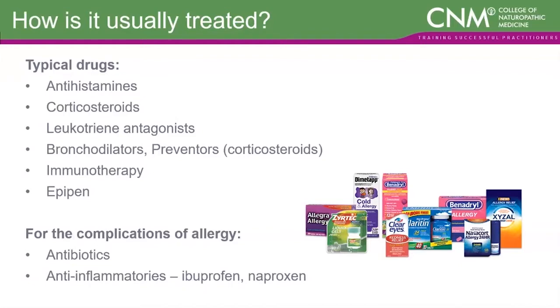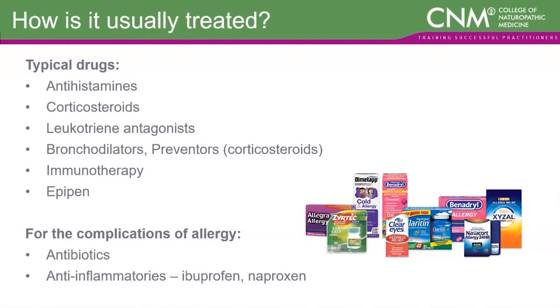And then the last one, EpiPens. EpiPens are adrenaline injections. These are used in cases where patients progress pretty quickly into the anaphylactic type reactions. You often find patients that carry EpiPens with them have had historical anaphylactic reactions in the past.